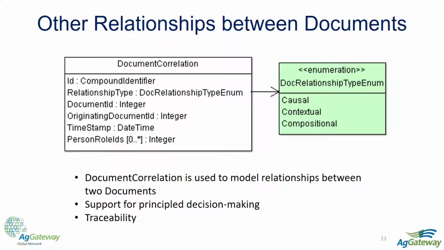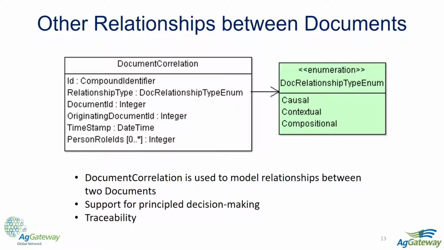Contextual, such as when a document provides support for the interpretation of another one. Think of, for example, material safety data sheets that can enable you to know what to do when you receive a work order, so be able to understand what kind of personal protective equipment the operators need to use and so forth.